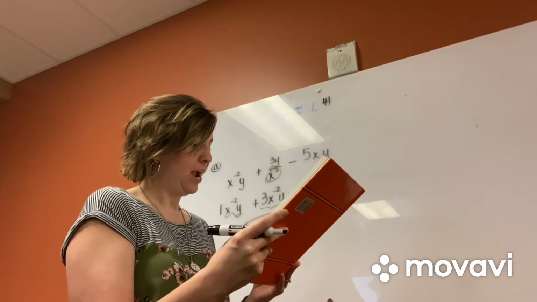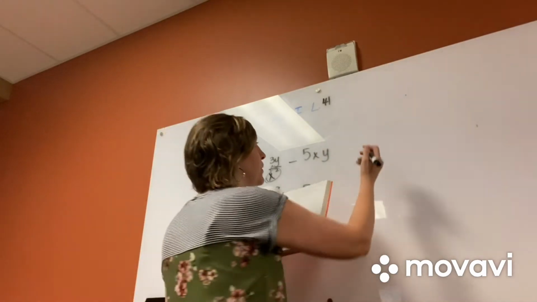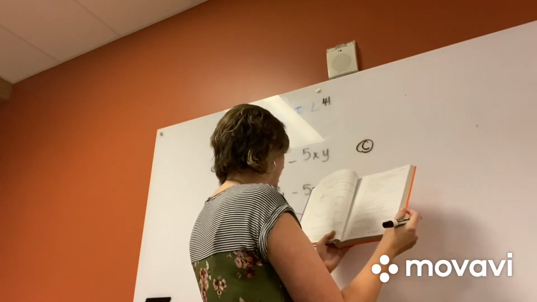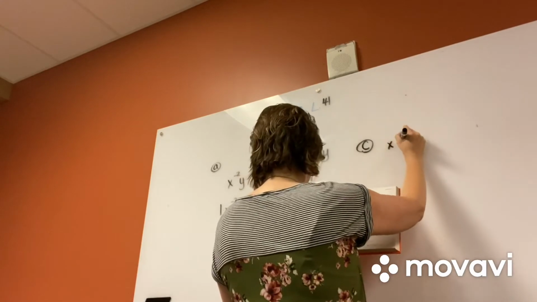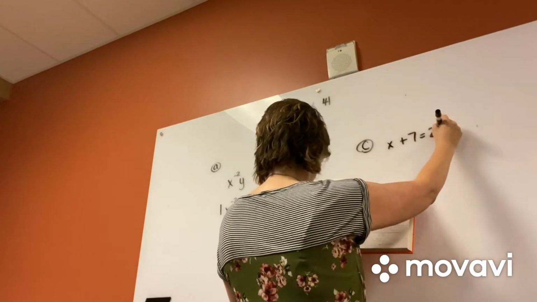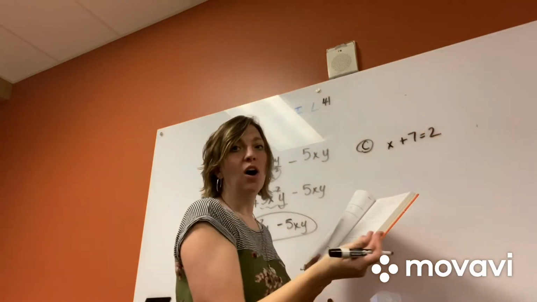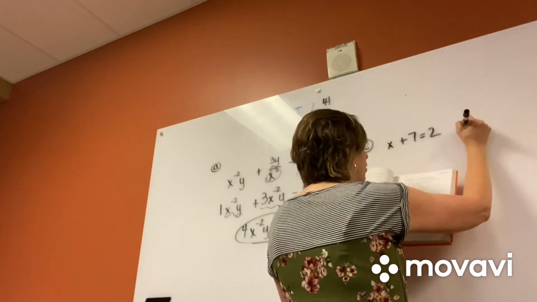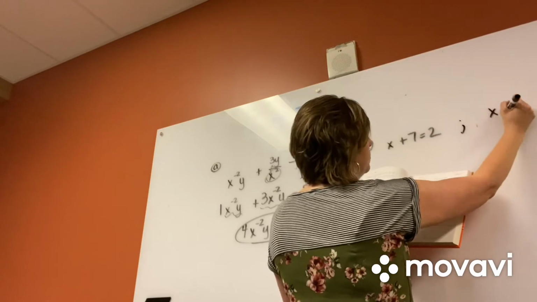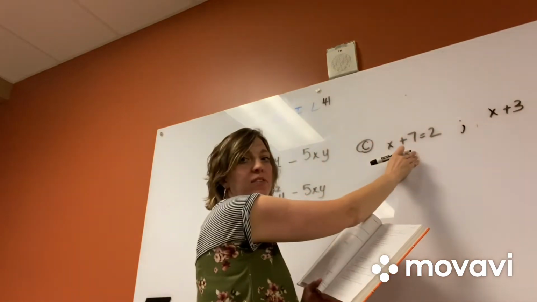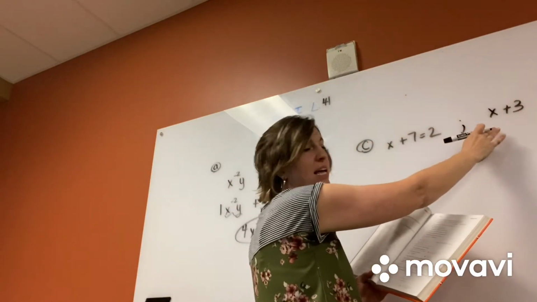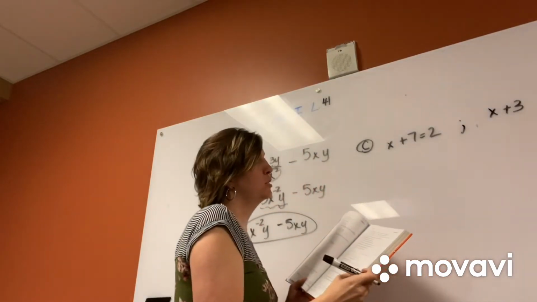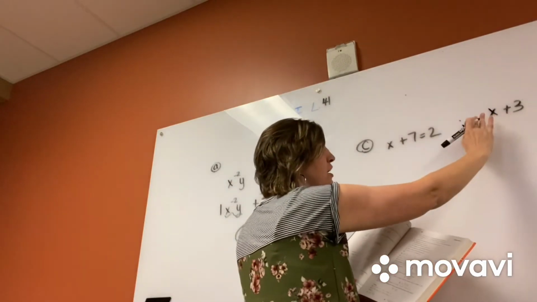All right, we're again on page 166, lesson 41. We did letter A. Now let's take a look at C. C is simply asking us, if I have x plus 7 equals 2, what we need to do is solve for x. Then it says, what is the value of x plus 3? So we're solving for this x, then plugging it in to this expression. We've got an equation here and an expression here.